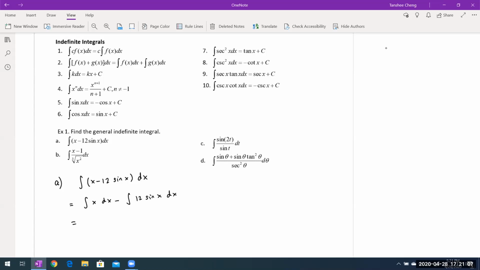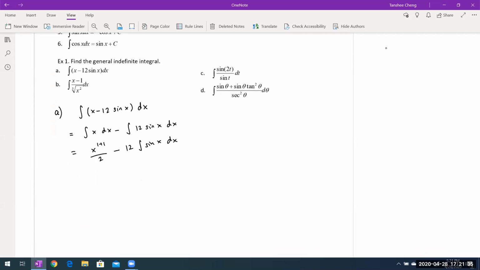This first one is basically a polynomial, so the integral is the antiderivative of x, which becomes x to the power of 1 plus 1, divided by 2, minus, for this one, I can look at it as 12 times the integral of sine x dx, which is using property number 1. So I'm just writing down step by step. Eventually, like the next example, you will see that we're going to be doing all of this process mentally.